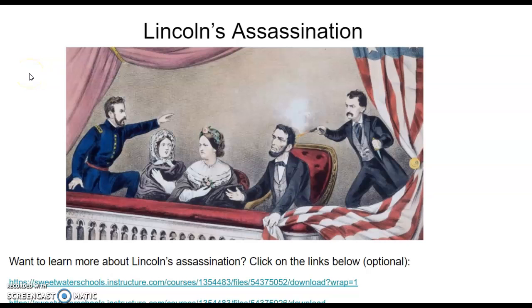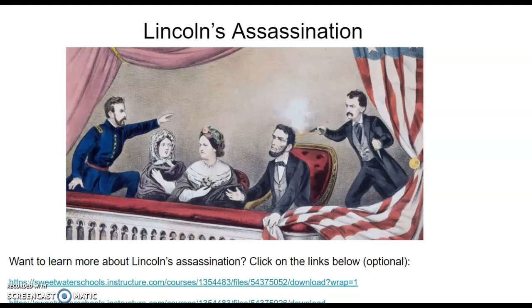And finally, the last slide we have here was Lincoln's assassination. So here to give you a little bit of a background story, Abraham Lincoln, after the war had finished, decided to go out with his wife here, Mary Todd Lincoln, and they went to Ford's Theater to catch a play.